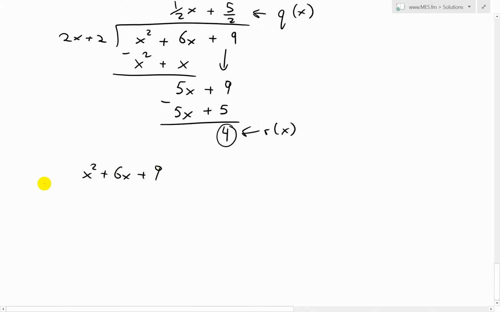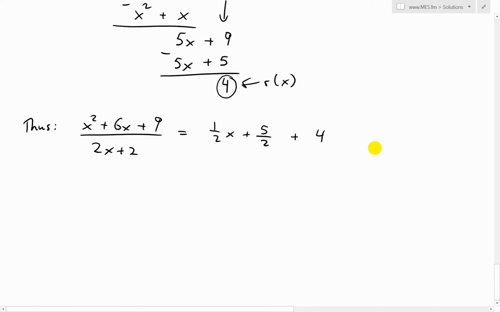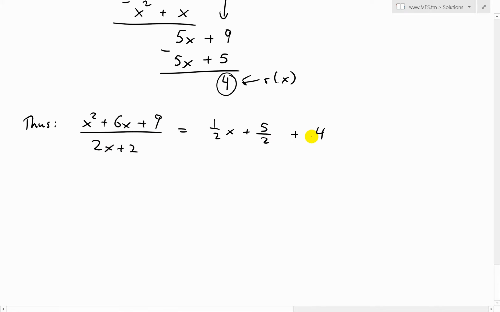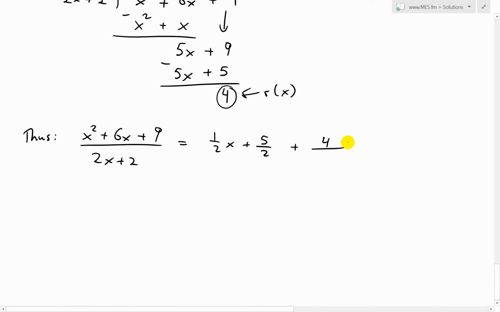Thus, x squared plus 6x plus 9, all divided by 2x plus 2 equals the quotient 1/2 x plus 5 over 2, and then plus the remainder 4. In other words, this is the fraction, plus 4, and it can't divide evenly, so we just leave it out there, and it's just 4 divided by 2x plus 2.